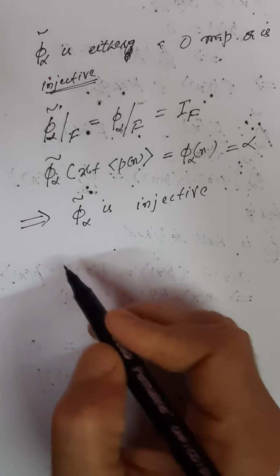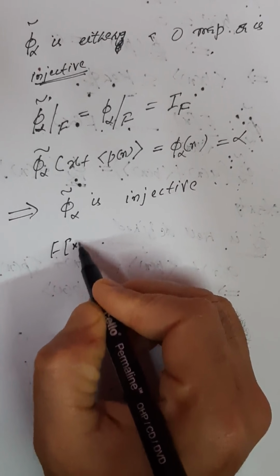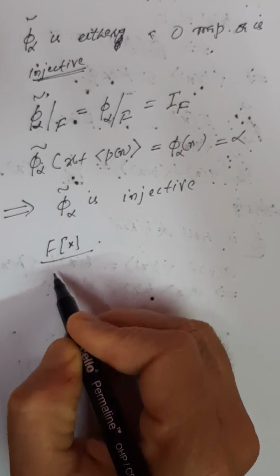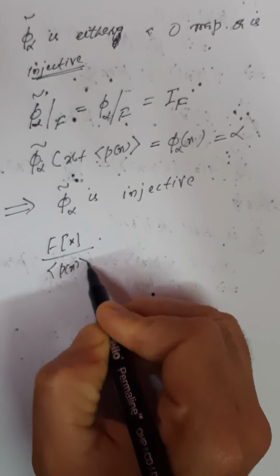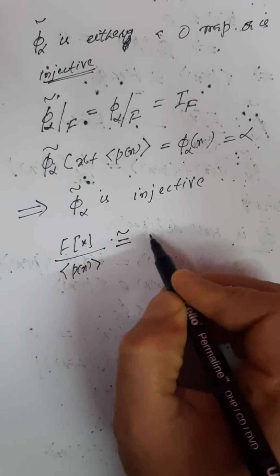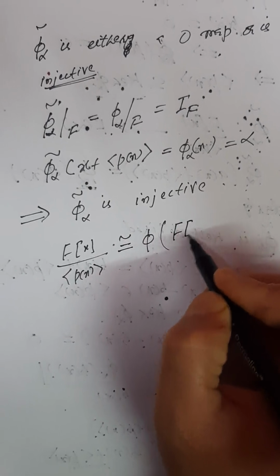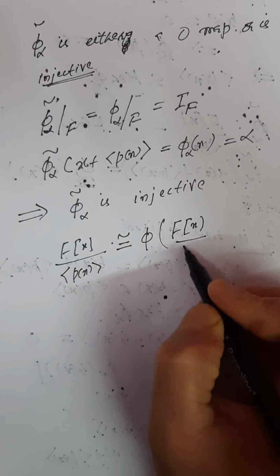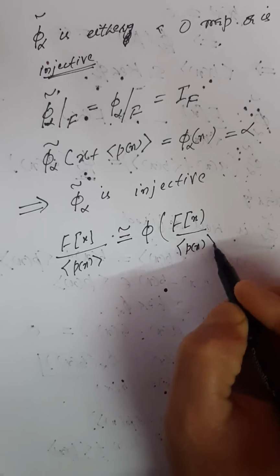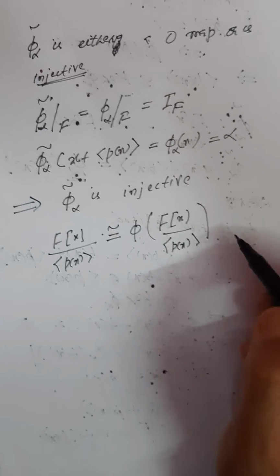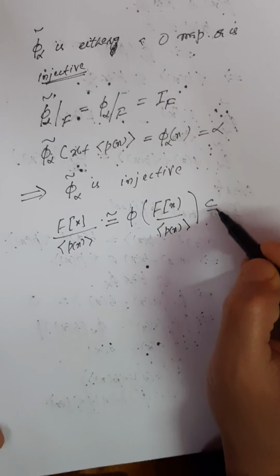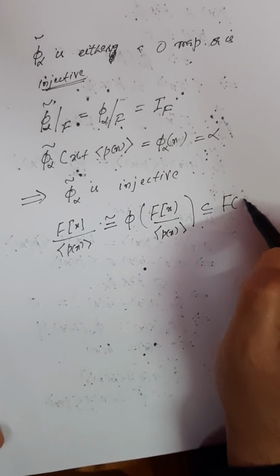Once it is injective, it is an isomorphism of the field F[x] modulo the ideal generated by p(x) with its image, which is a subfield of F(alpha).